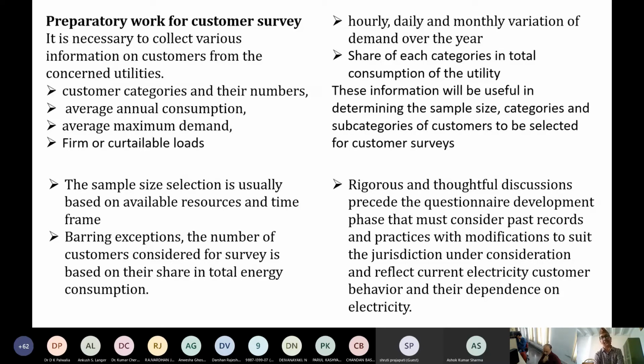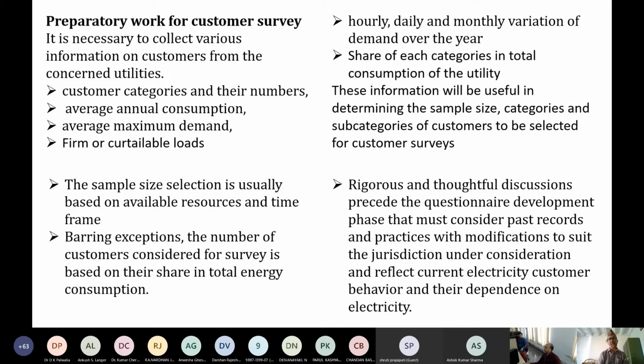For example, in the case of Nepal, the share of residential customers is well above 40%. In many countries it is near about that value. So the number of customers chosen for residential customers has to be very high compared to the number chosen for industrial and commercial customers, because an average industrial customer will consume more.